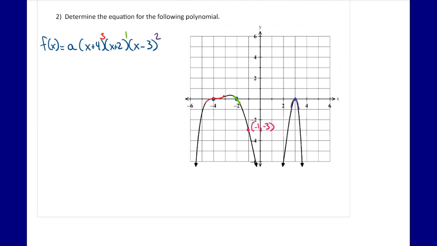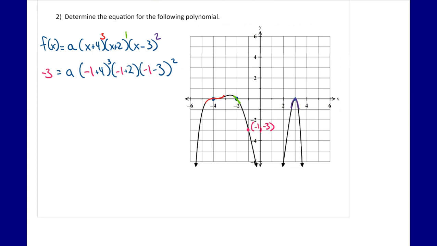The -3 replaces the f of x, so -3 equals a, which we don't know, times -1 plus 4, times -1 plus 2, times -1 minus 3 squared.